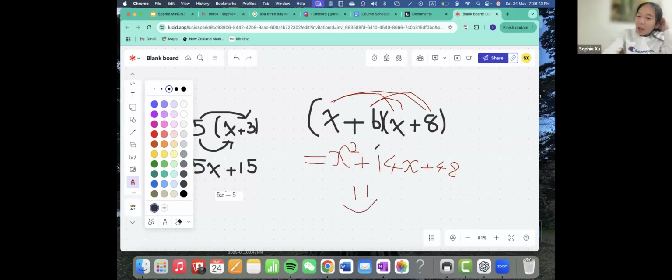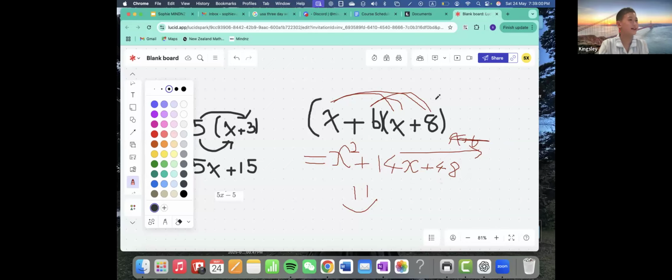Yeah. Can you explain how you got 14x? I did 6 times x and then x times 8 and then plus them together.